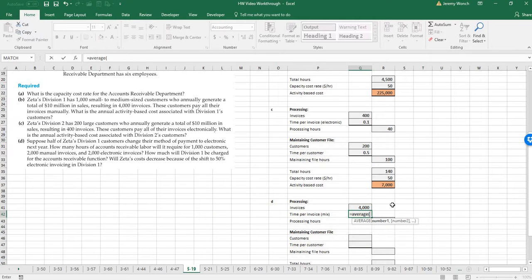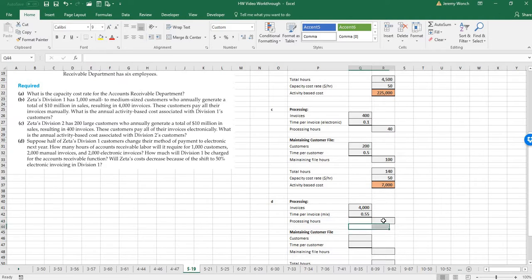Since it's split down the middle, we can just do an average of 1 hour and 1/10 of an hour. That means the average time per invoice is now 0.55 hours. We multiply that out to be 2,200.